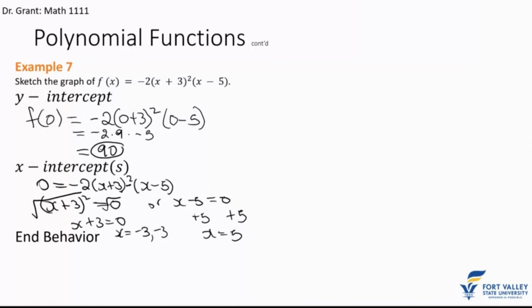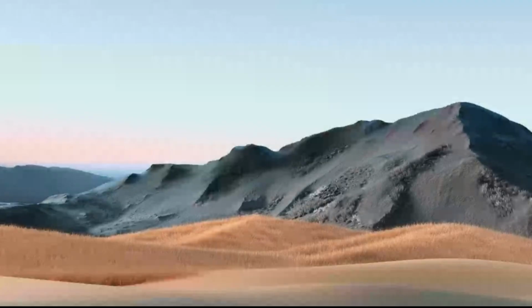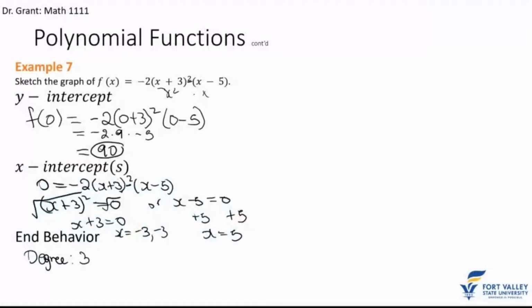So our degree here, so this is a square term times x. So my degree is 3. All right, and then if you notice, my coefficient is actually there for me already.